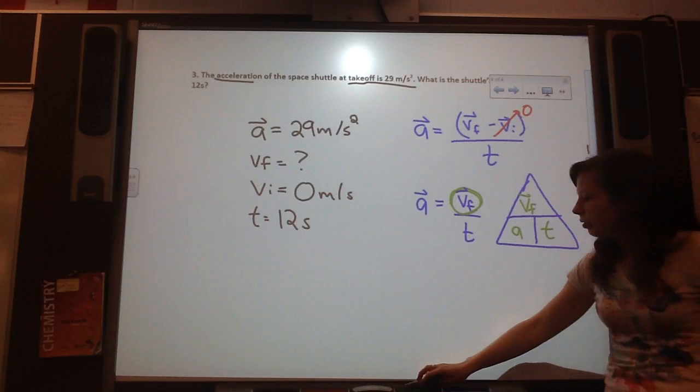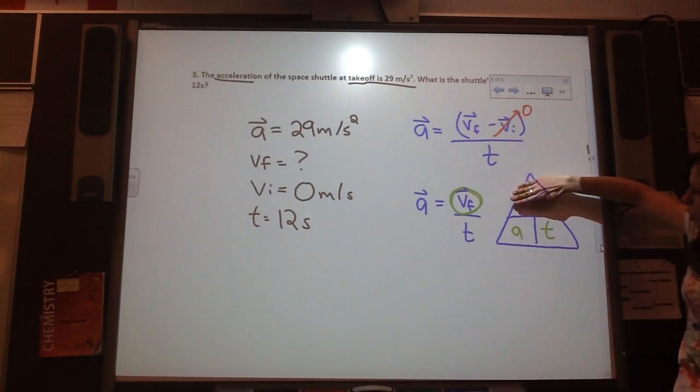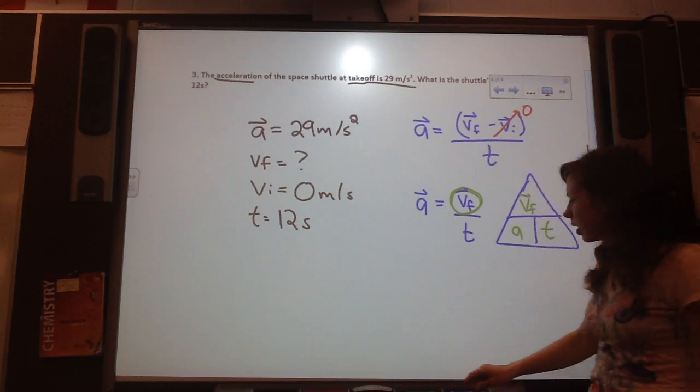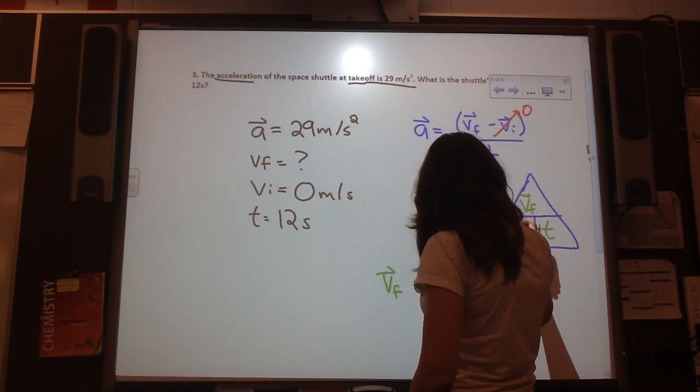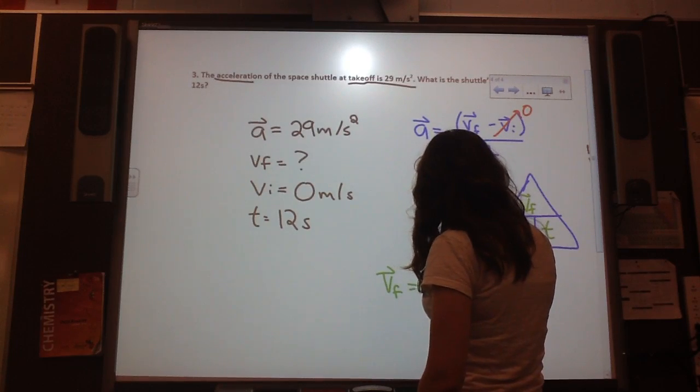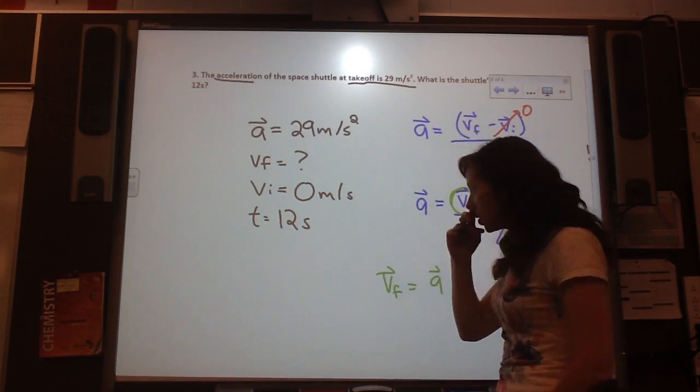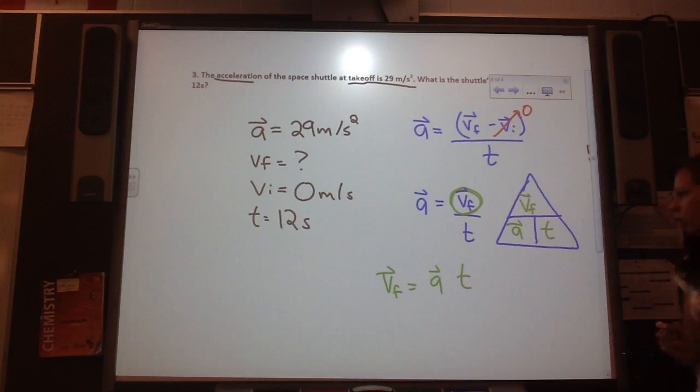So now what are we looking for? We're looking for VF. So what's my formula then? VF is equal to A times T. Okay? It has a little arrow on it too. That's right. Thank you. So A times T. So now we just plug in the information that we know.